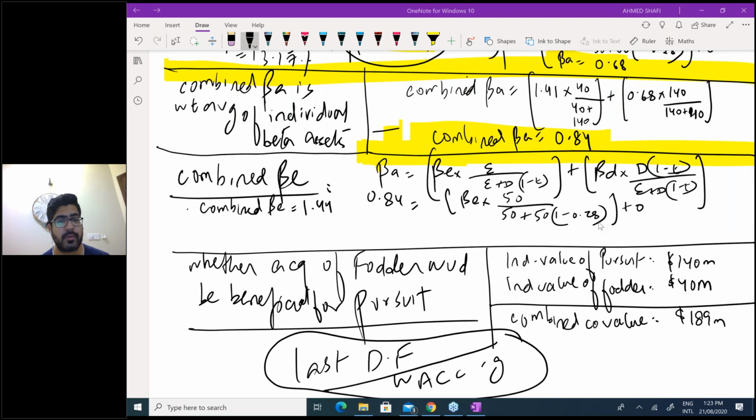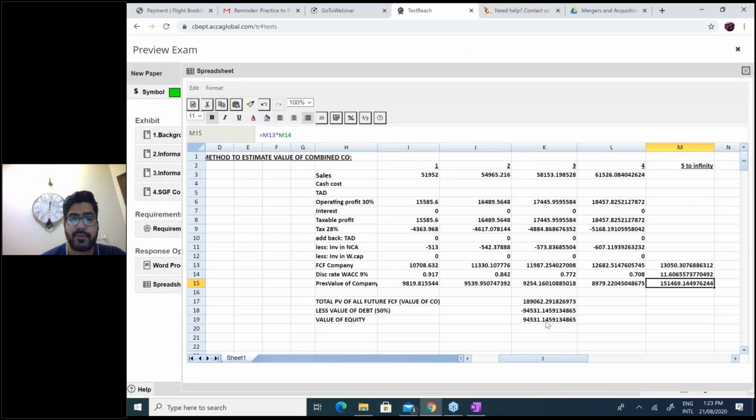Yes, Mino, you can write the workings in Word as well. Yes, Elmir. It's 25% premium above the equity value. So you need to take the equity value, 94531, and 25% on that.